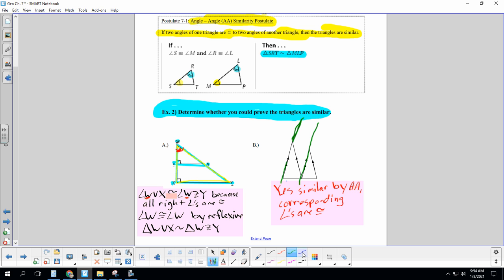So the greens are parallel, and then this one shoots out here and this one shoots here, and they are also parallel. The beautiful thing about parallel lines is alternate interior angles are congruent and corresponding angles are also congruent.